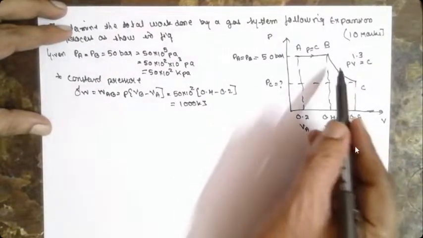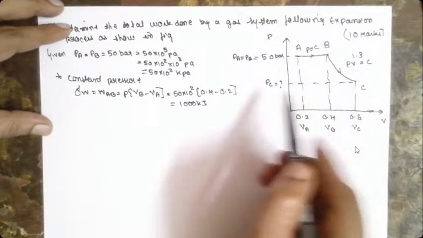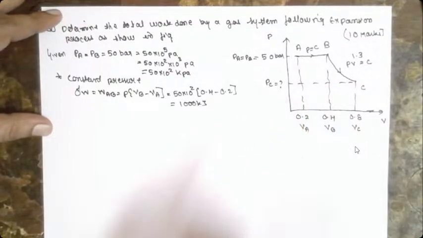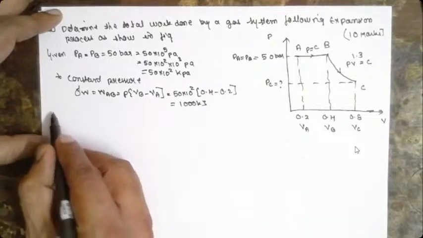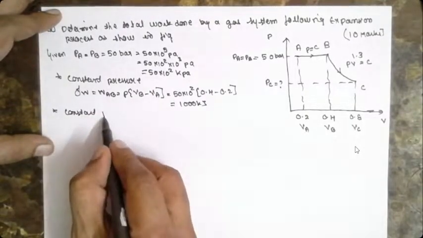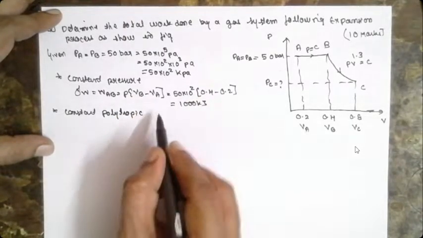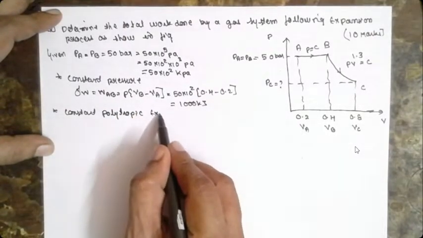Next, we need to find out the work done with respect to the polytropic process, but we need to find out the PC value. Now, polytropic expansion.